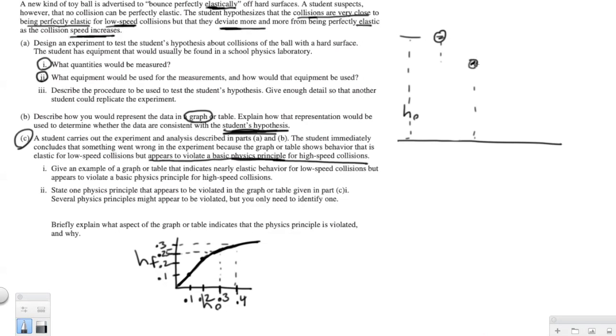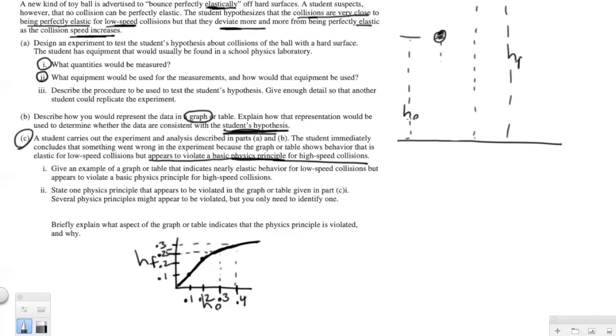This would not violate any laws of physics. That would just be, oh, we lost mechanical energy in the collision. That's inelastic. What would violate a law of physics would be a regular ball, with no energy stored in it, that bounces and then ends up here, where the rebound height is higher than the drop height.